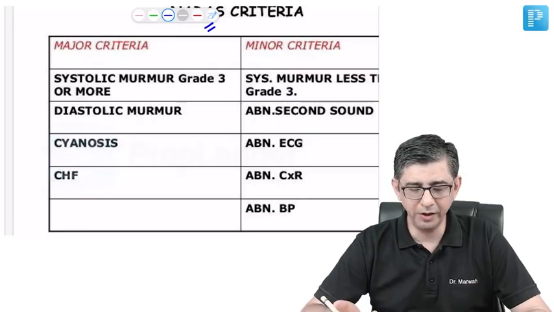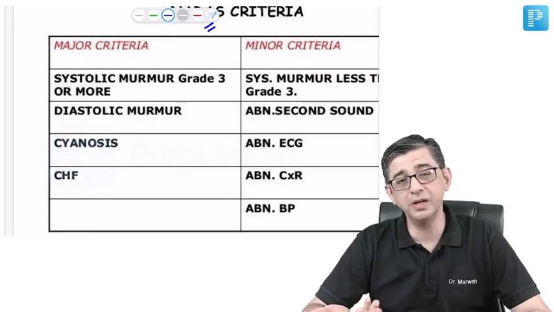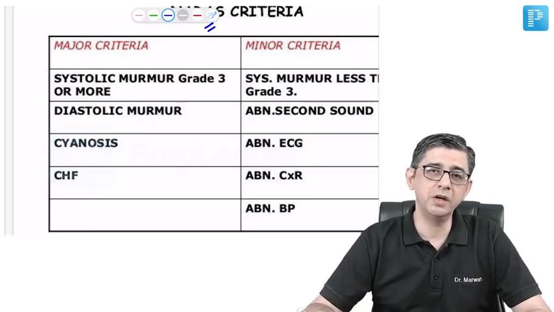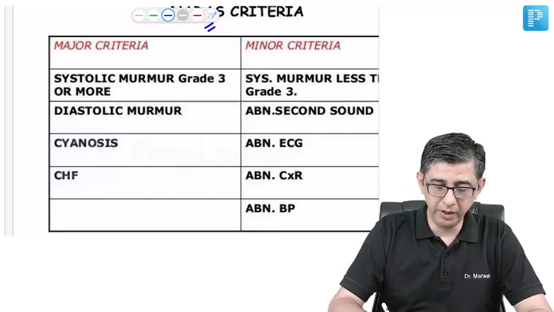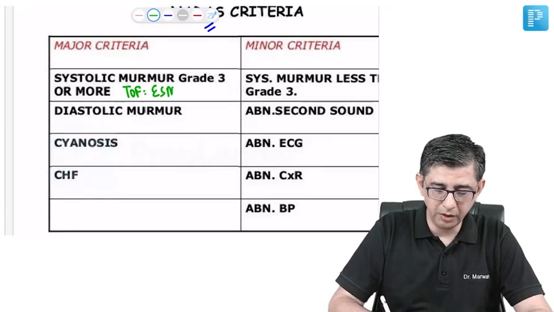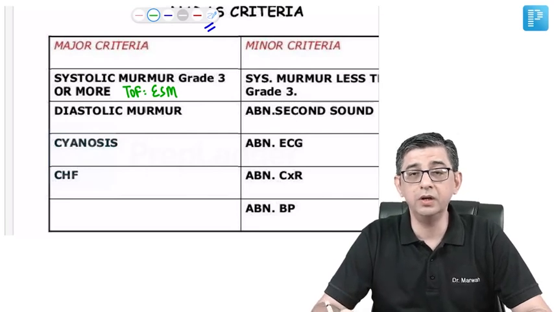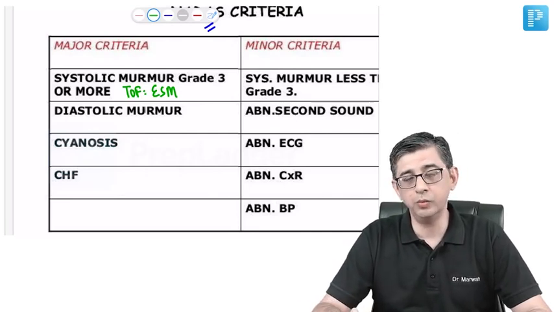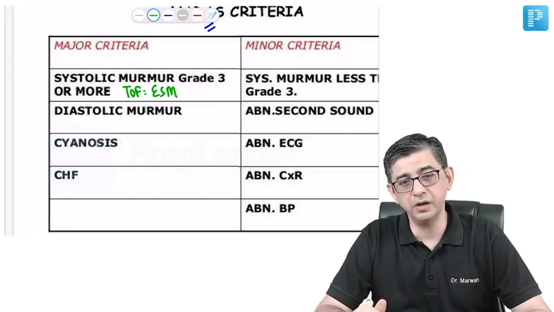Now let me just explain to you why the systolic murmur grade 3 is being considered. Let us assume a patient is having tetralogy of Fallot. In pediatric cases of TOF, there would be an ejection systolic murmur, and if it is loud enough to be heard even without a stethoscope, let me say, there's also an associated thrill, then it becomes a major diagnostic criterion.